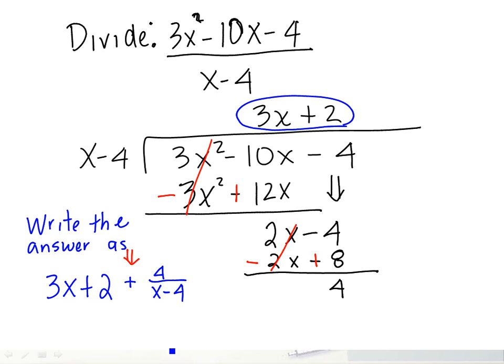From experience, a lot of students do not put this plus. It should be a plus sign here. If that remainder was negative, most people put a minus sign here and put 4 up here, but I recommend you just put a plus here, and whatever your remainder is, for example, if it was negative, put negative 4 up here, okay?